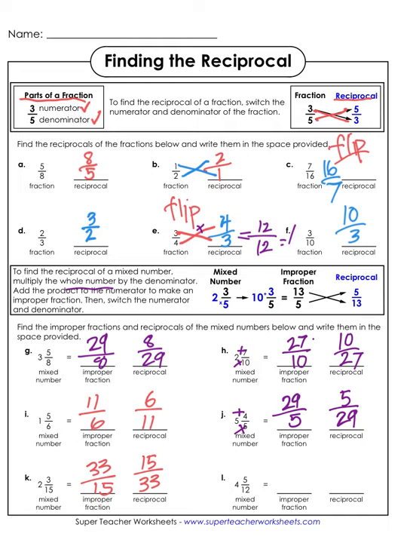L, 4 and 5/12. I'm going to find my improper fraction by multiplying and adding, which will give me 53/12. I'll need to flip to find that reciprocal. So 12 over 53 is my final answer for L.